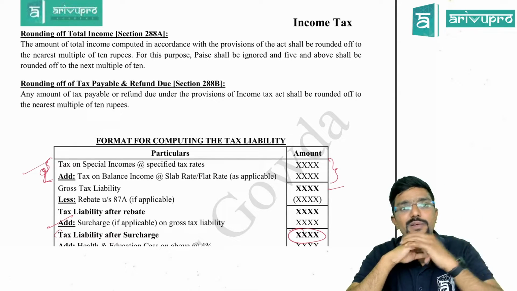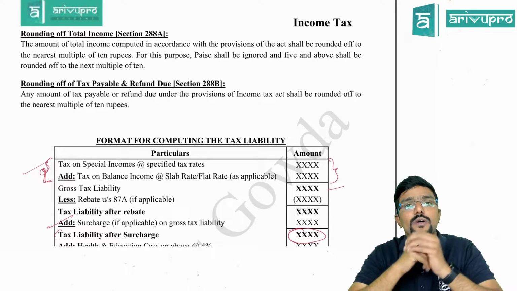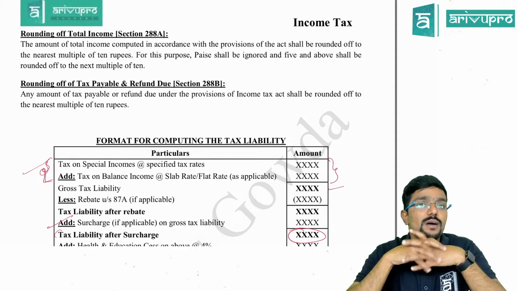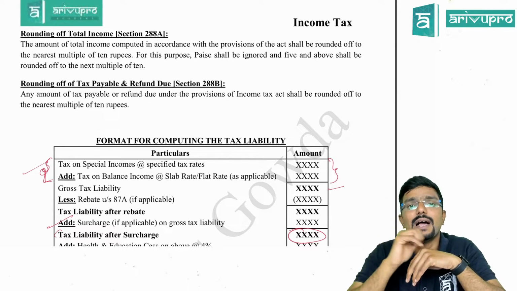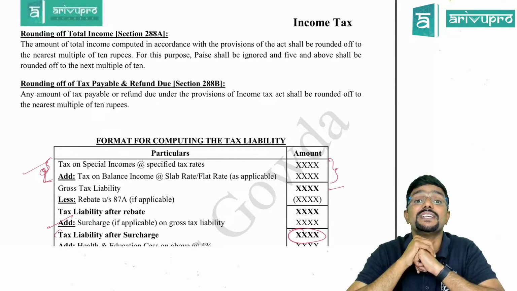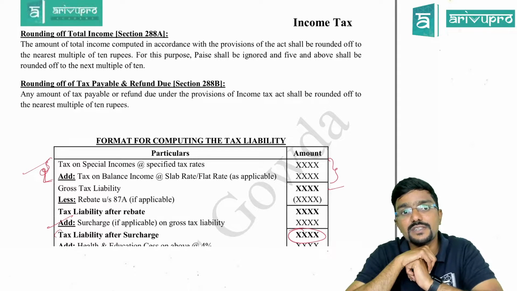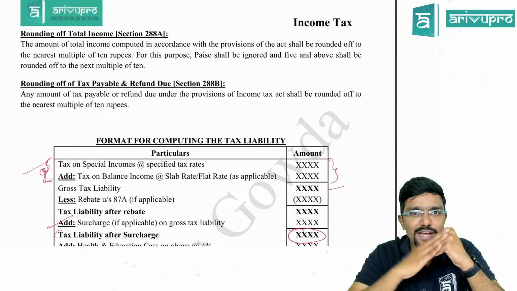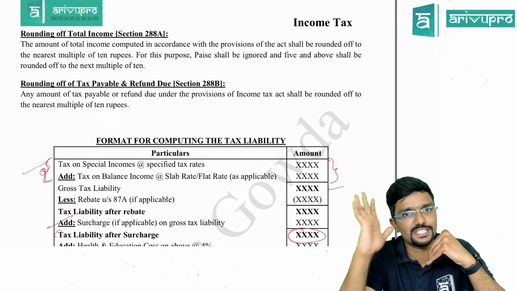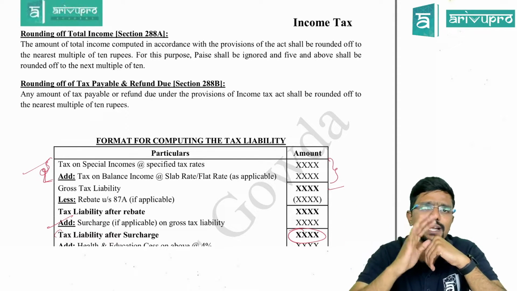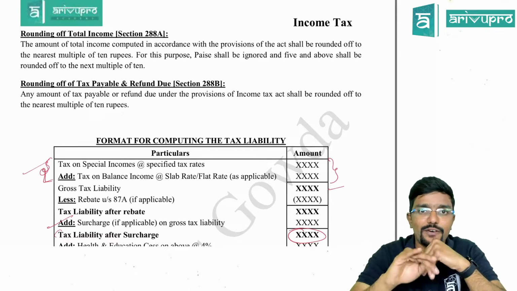One by one, we will learn. Whenever you compute total income on which you are liable to pay tax, the total income figure has to be rounded off to the nearest 10 rupees. If the last digit is 5 or more, round it off to the next 10. If it is less than 5, round it off to the previous 10.